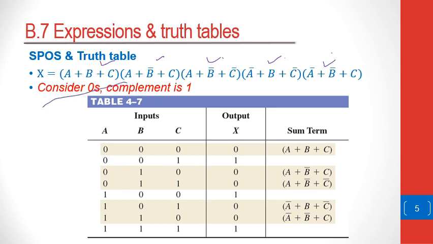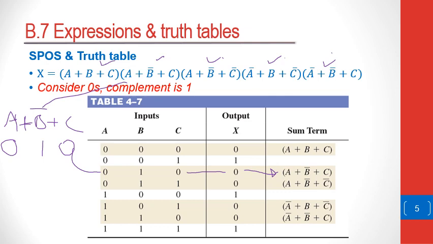So let's take, for example, this sum: A plus B complement plus C. Remember, a complement is a 1, so this is going to be a 0, this a 1, and this a 0. It means that 0, 1, 0 will correspond to an output of 0.